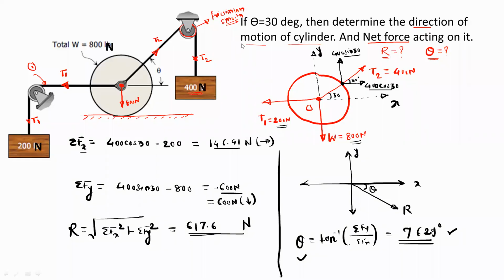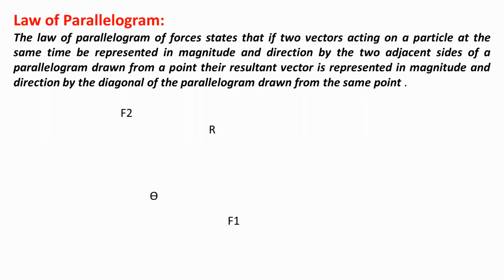Now a special case for the concurrent force system where there will be only two forces. Such a problem we can solve by using the law of parallelogram. So what is the statement for the law of parallelogram?